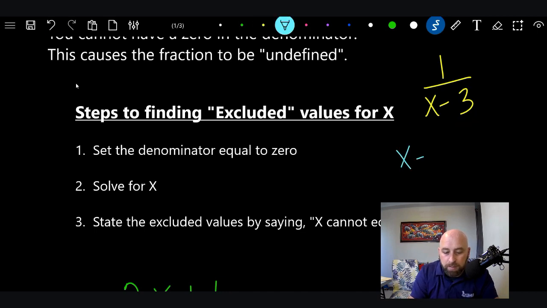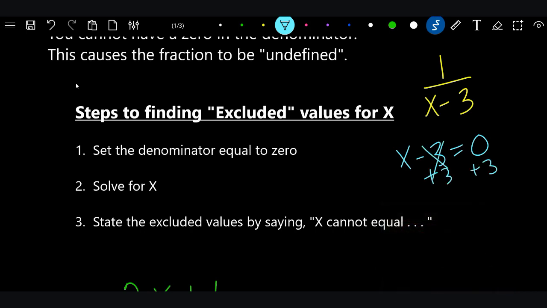Well, x minus 3 equals 0. Set it equal to 0. Okay. Step number 2, solve for x. So we're going to move the 3 to the other side, and we're going to find out that x equals 3. Now, I want you to see something here. Step number 3 says state the excluded value by saying x cannot equal 3.